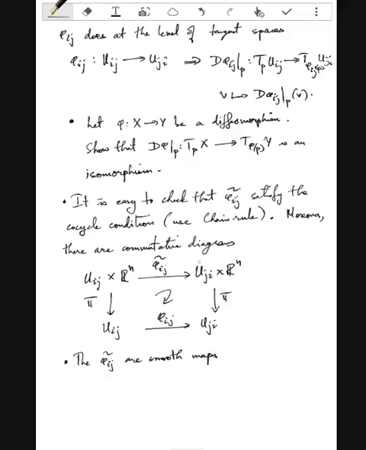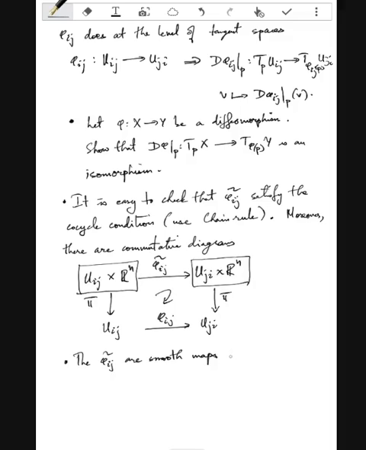So both U ij cross Rn and U ji cross Rn are open subsets of R to the power something, and therefore we can check what it means for a map between them to be smooth.